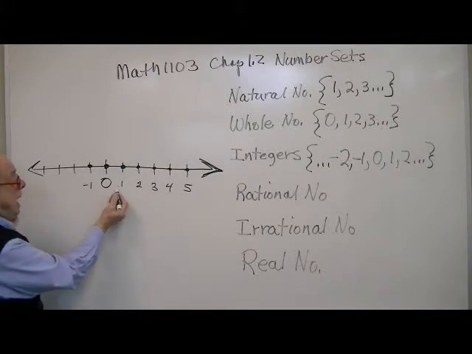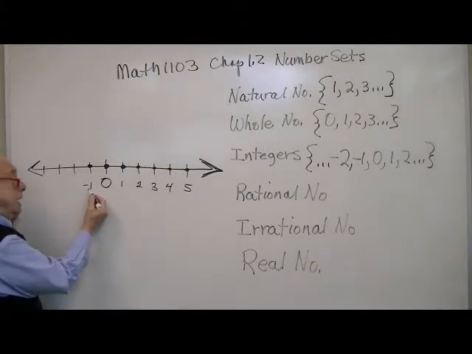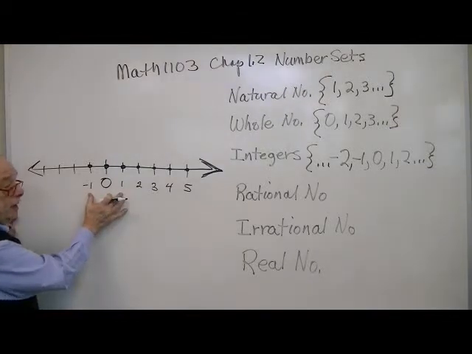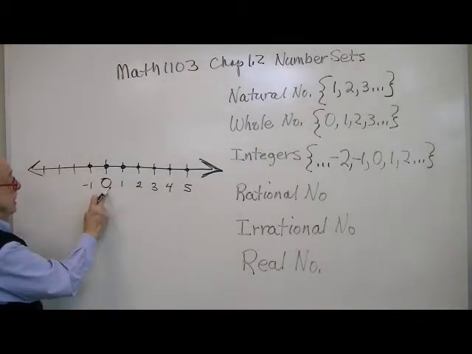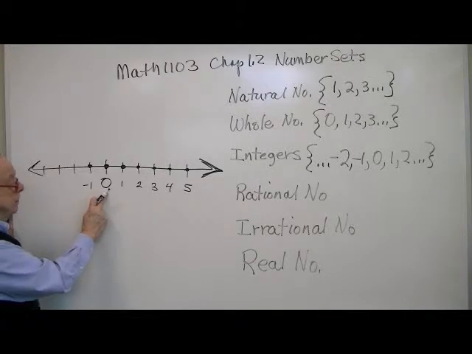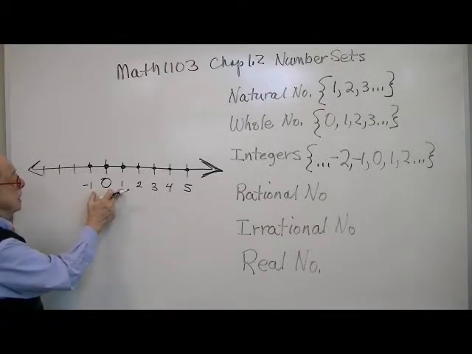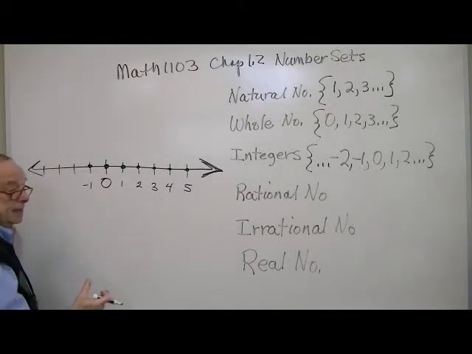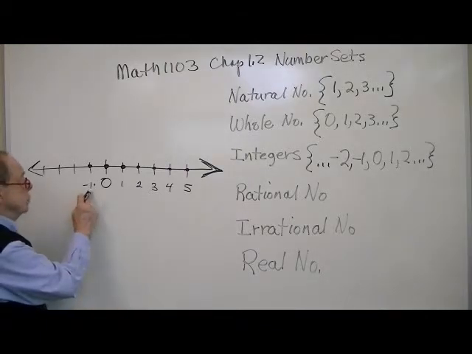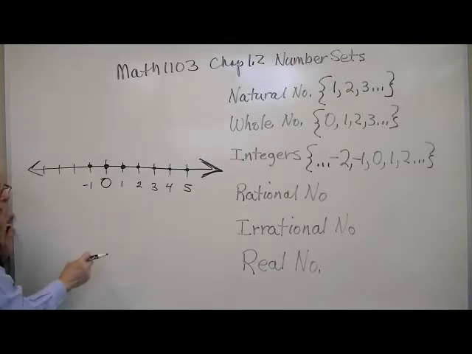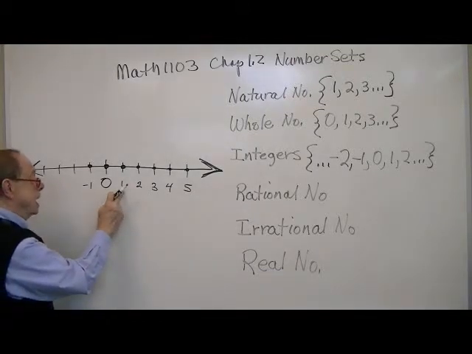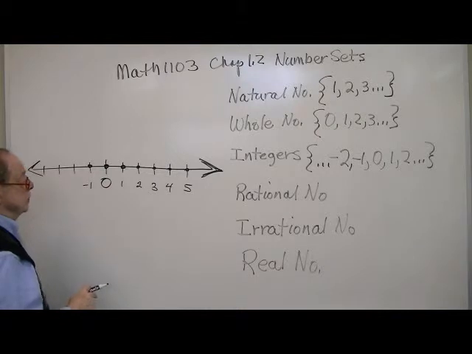So 1 has an opposite, a negative 1, so that when they are added together, it's going to equal 0. So we call 1 and negative 1 additive inverses. The inverse of a negative 1 is a positive 1. The inverse of a positive 1 is a negative 1.